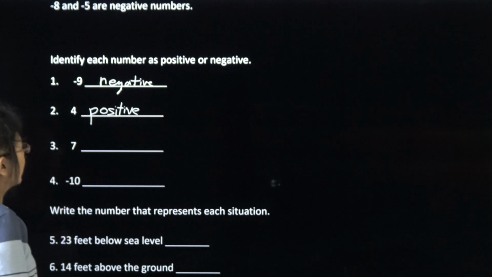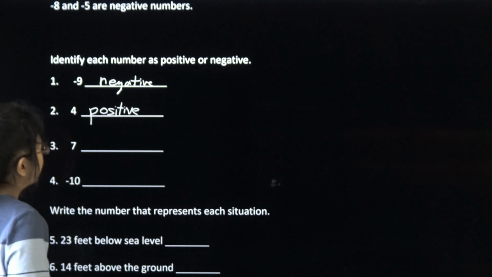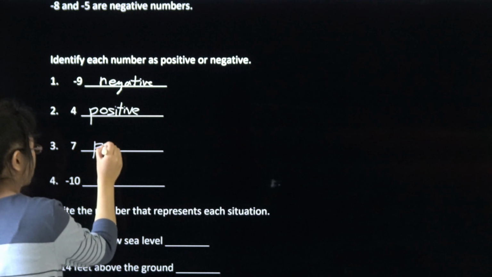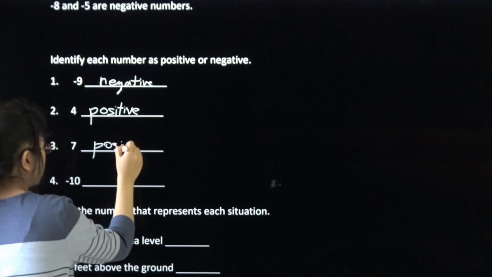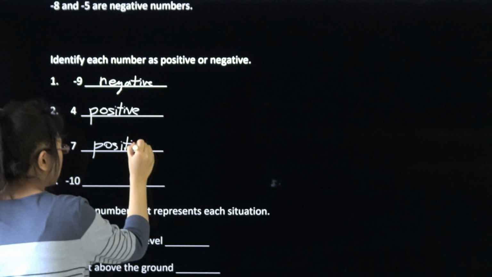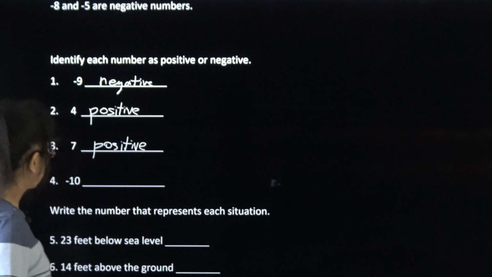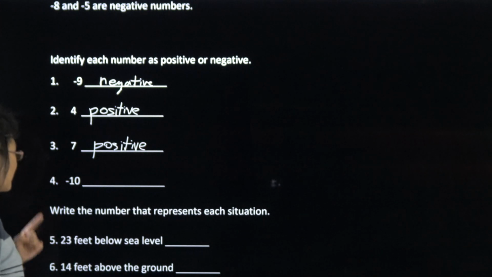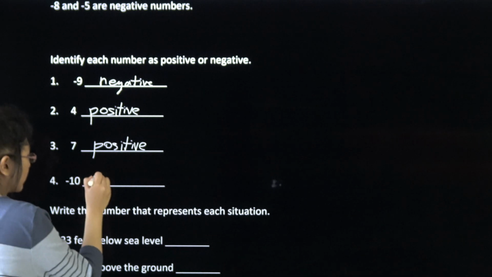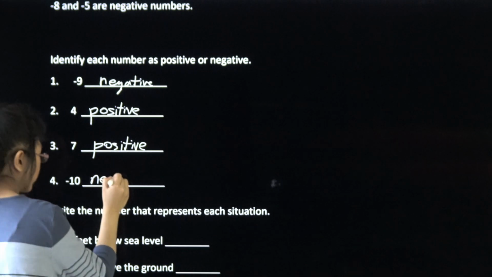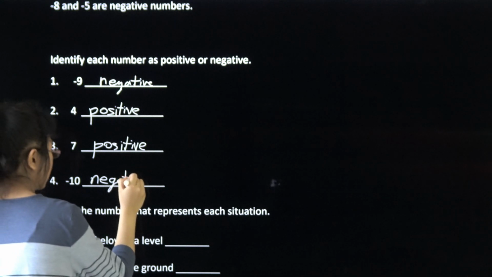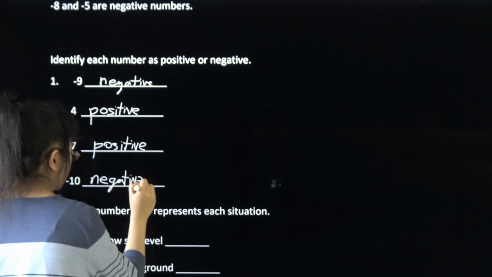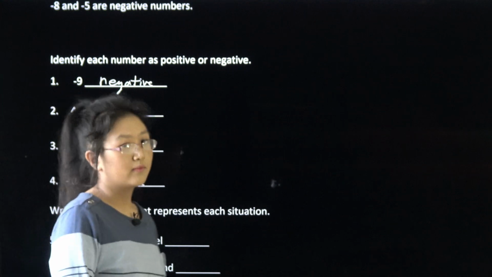It doesn't have that little dash minus sign thing, so it's still positive. Now this one, it has that sign, so it's negative. When a number has that sign, it means that they are less than 0, so they are negative.